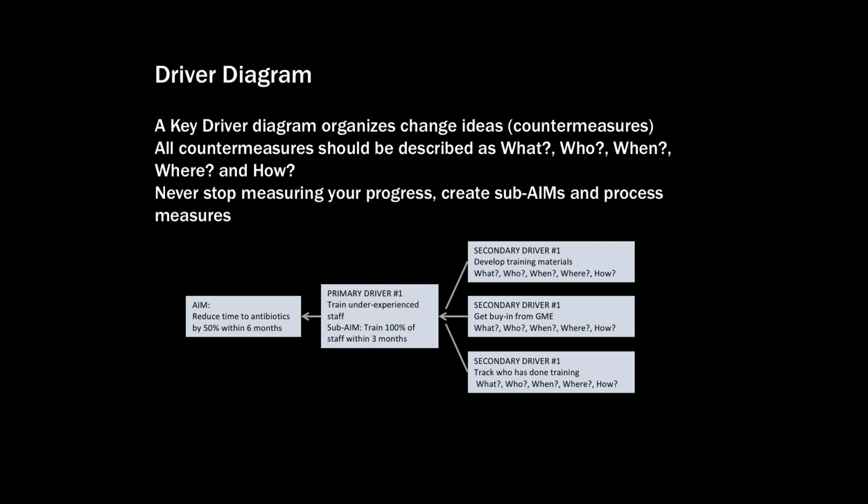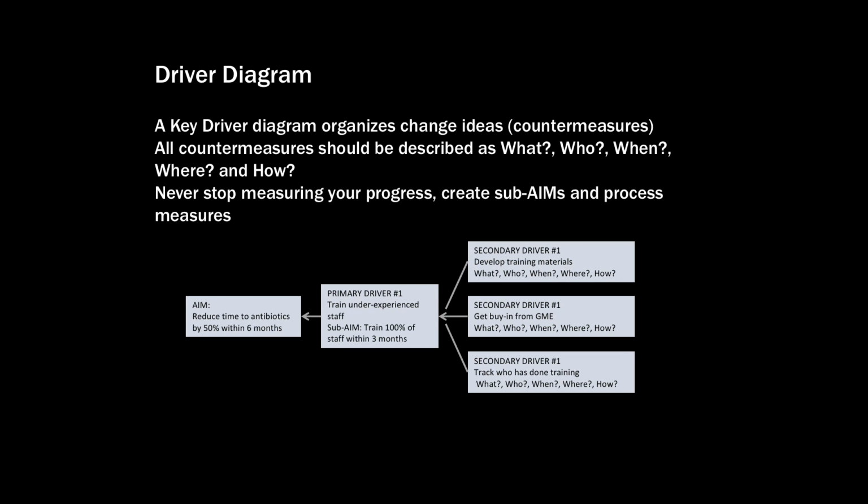So for the sepsis example, the team designed a countermeasure for the root cause, and that was to develop standard training materials. And you can see there, in terms of secondary drivers, they identified some specific countermeasures. First, they need to develop the materials. They also needed these materials to be endorsed by the graduate medical education department in order to train the staff.